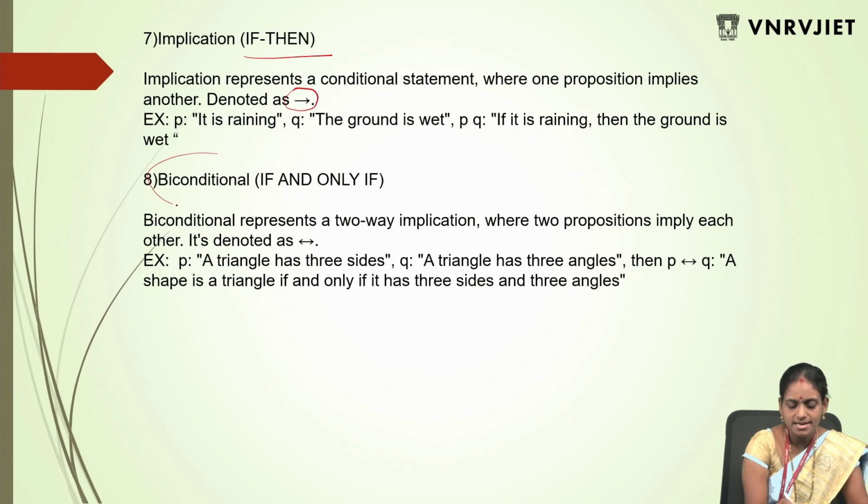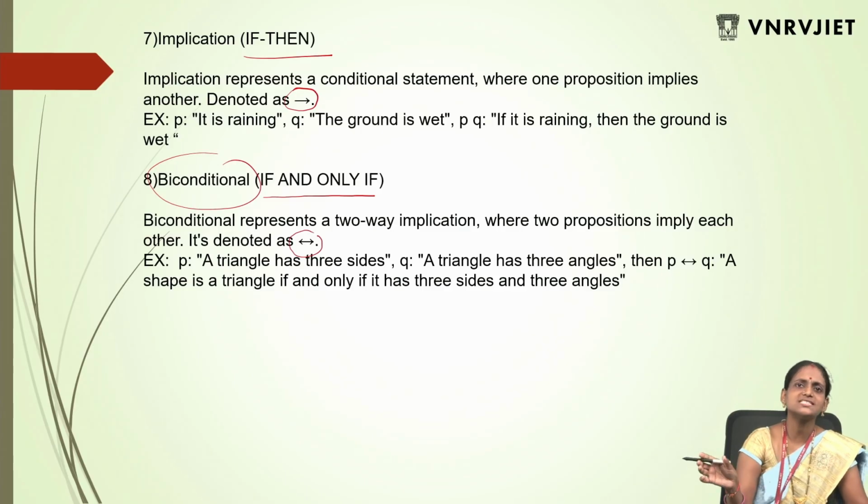And next, biconditional. The meaning for this biconditional is if and only if. The symbolic representation for this biconditional is a two-directional arrow. These are the terms, the corresponding meaning and the symbolic representation. In depth, we will see the meaning of these symbols in the concept of connectives.